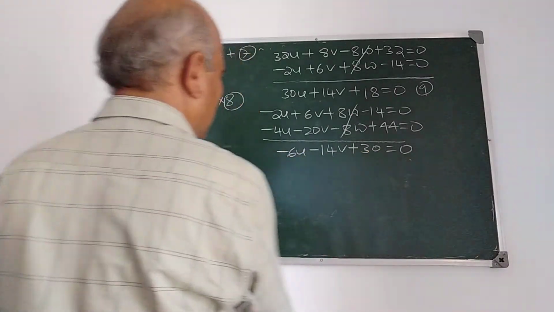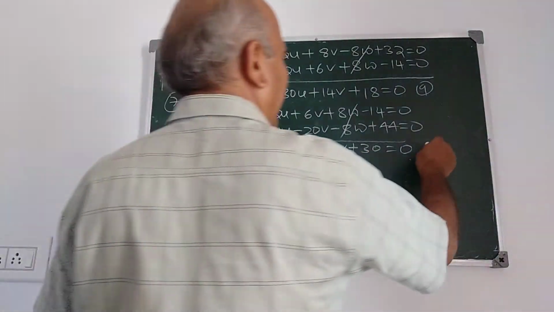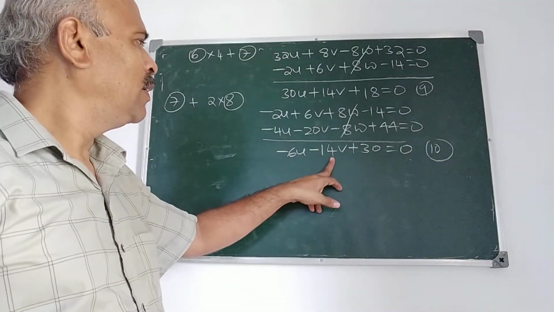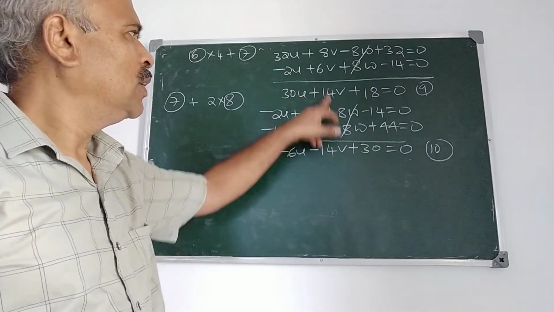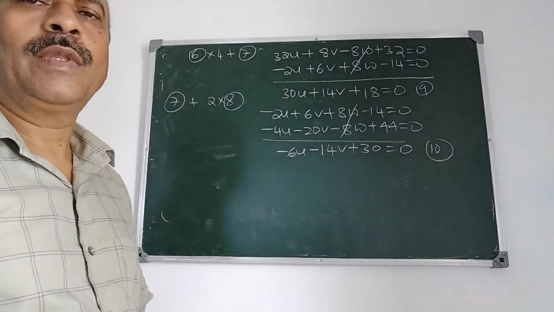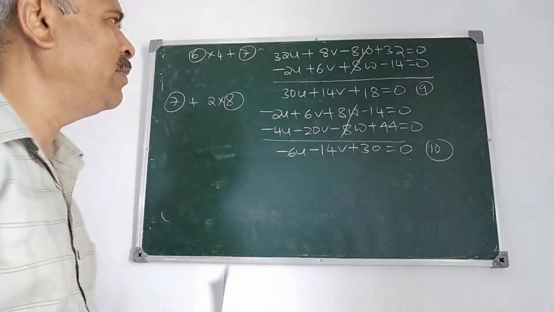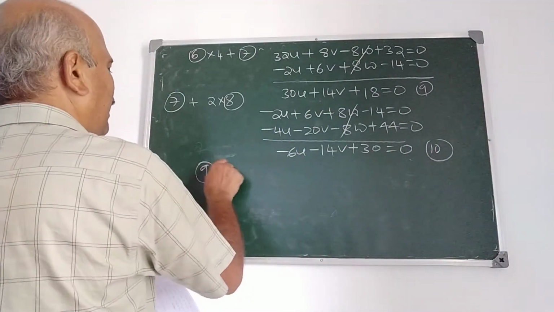Now see these two equations 9 and 10. They are equations in two variables u and v. So you have to solve for u and v. For that we use the elimination method. We eliminate v. Consider 9 plus 10.